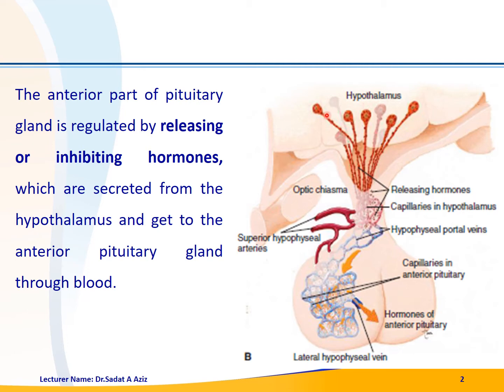The nerve cells which are extending from the hypothalamus to the posterior part of the pituitary gland, their cell bodies are located within the hypothalamus. They produce some specific type of hormones, and then they send it through the axons and store it within the posterior part of the pituitary gland. When they are required, they can be released into the circulatory system.